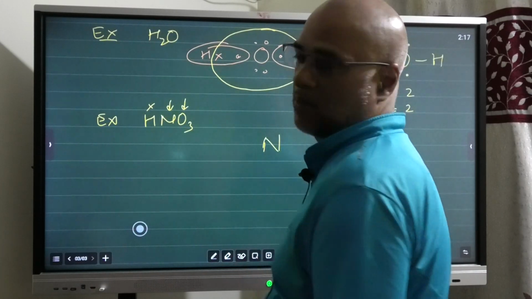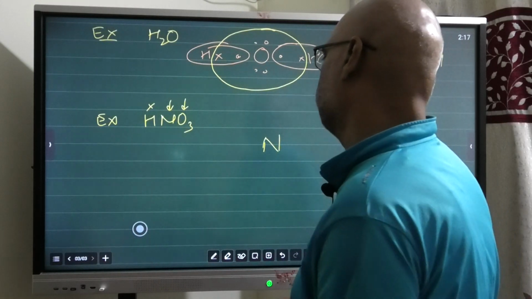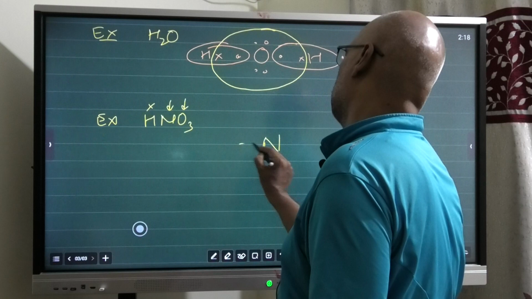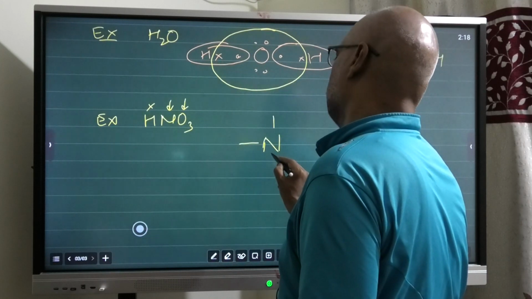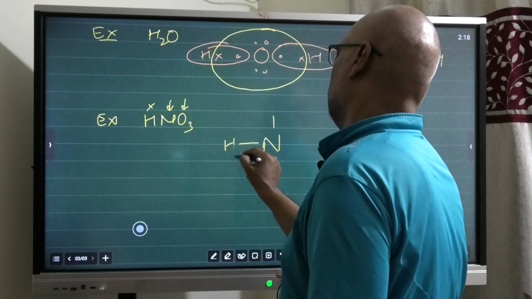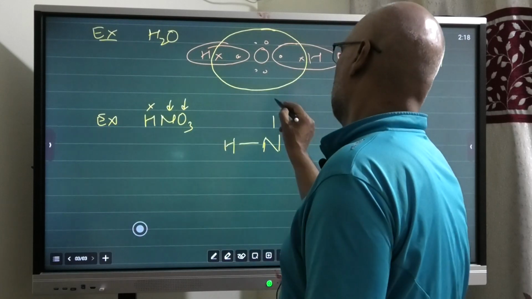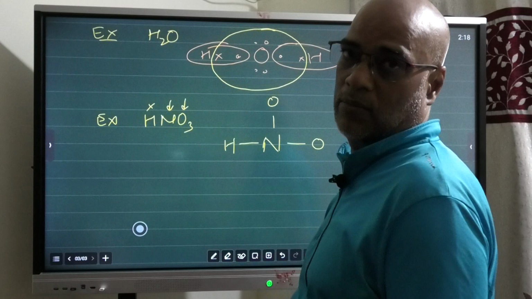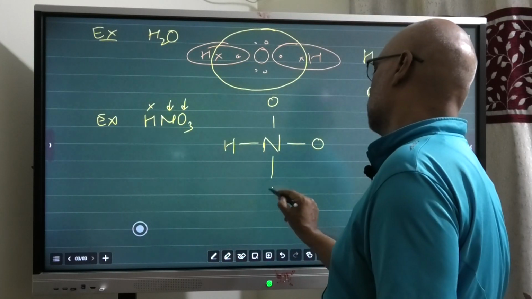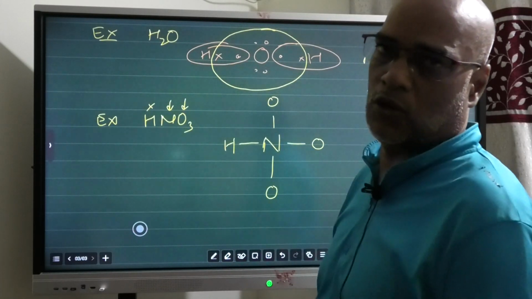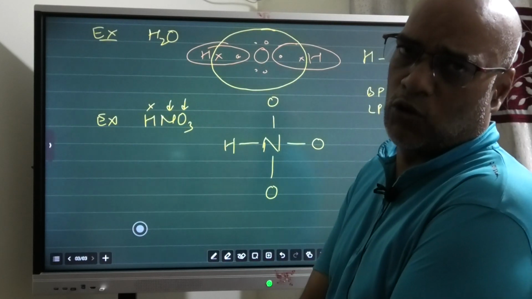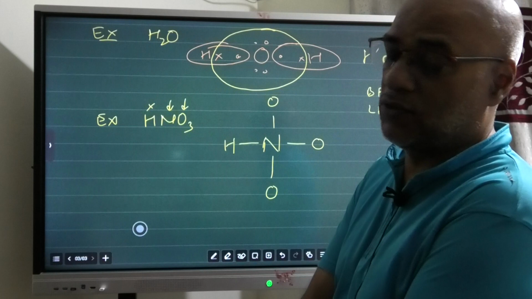Nitrogen is a central atom having 5 electrons in the outermost shell. There are 3 oxygen. So basically what we do, we just join them by single bonds. Hydrogen we can join by single bond, then oxygen we can join by single bond, another oxygen we can join by single bond, another oxygen we can join by single bond. Got it? All the atoms now connected. Once they are connected, we will go for the completion of the octet.